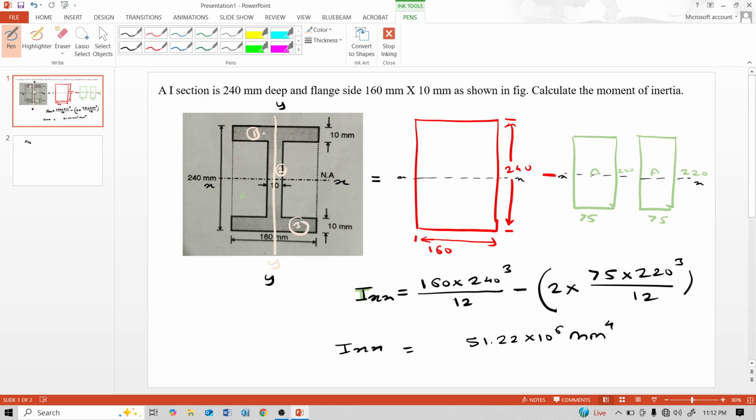Add the moment of inertia of the first plane section IYY, plus the second web section IYY, and the third plane section IYY.